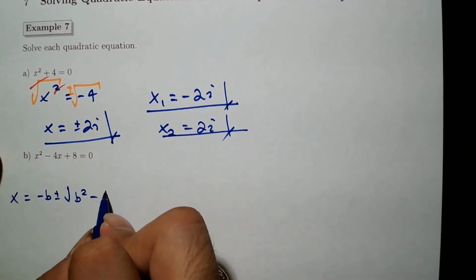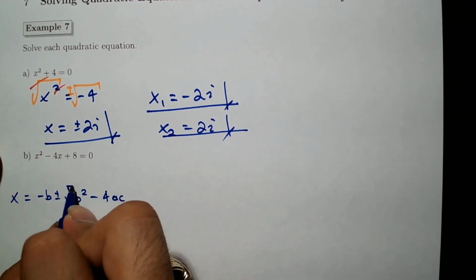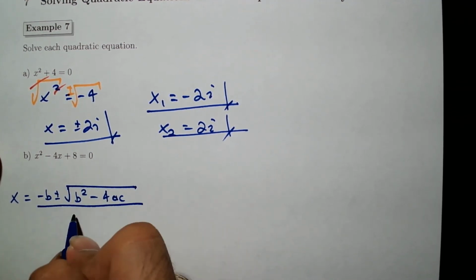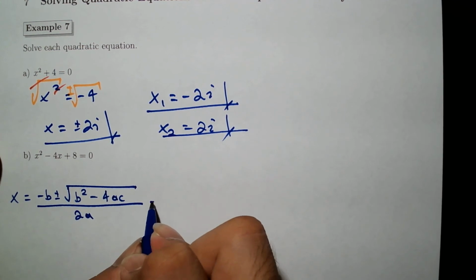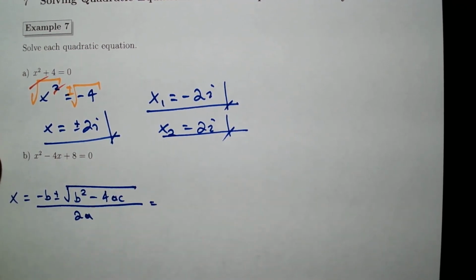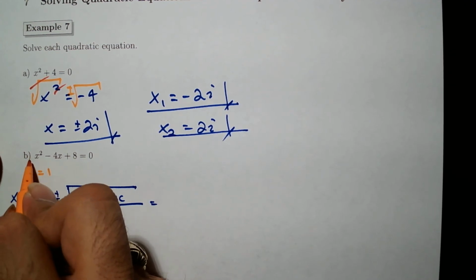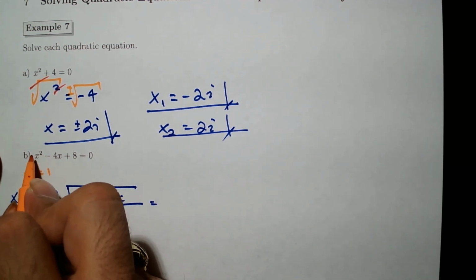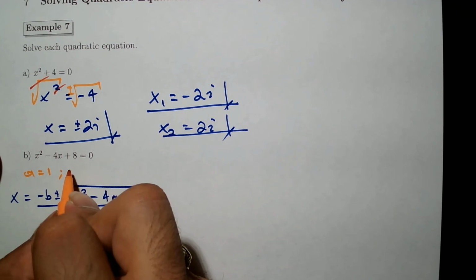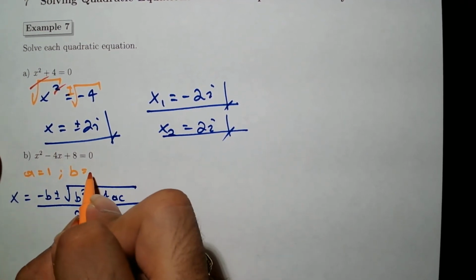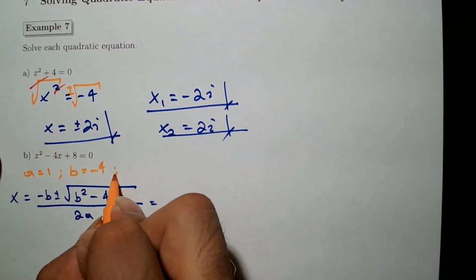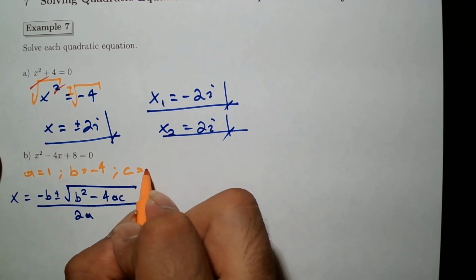Which I'm going to write. So a equals 1. There is an invisible 1 in front of the x squared. b equals negative 4. It goes along with the sign. And c equals 8.